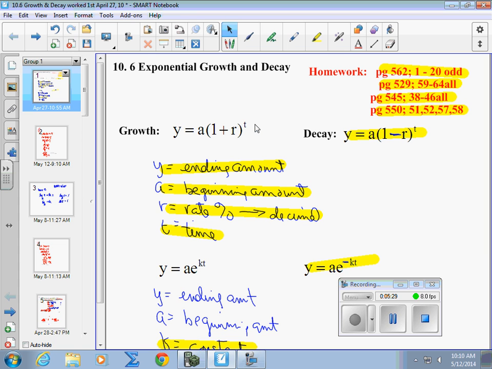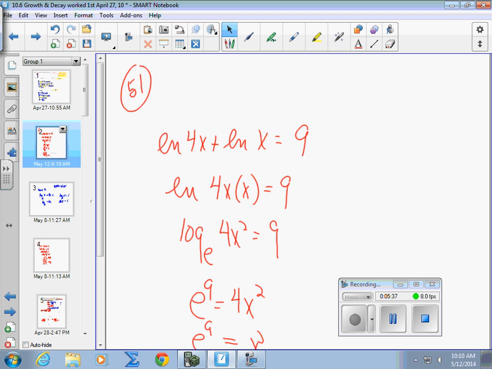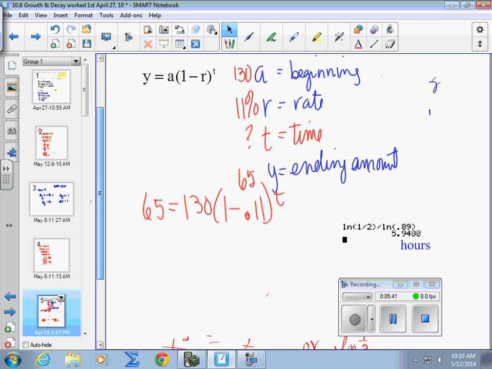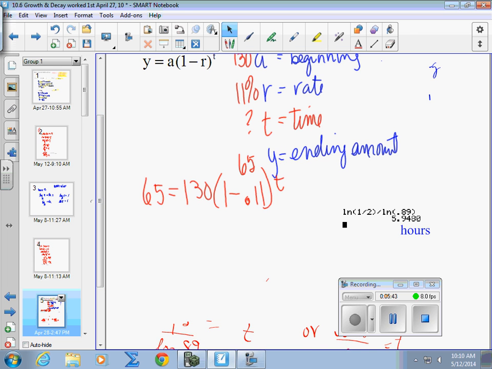But if there's not, you don't have to use LN. But you can. I say this because you'll find that I will almost always use LN even if I could use a log. I could use log base 10 here, but I might as well just use LN. I'm going to get the same answer.